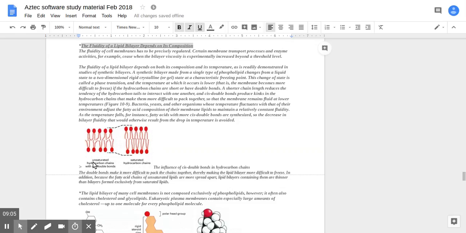This change of state is called a phase transition, and the temperature at which it occurs is lower, that is, the membrane becomes more difficult to freeze, if the hydrocarbon chains are short or have double bonds.